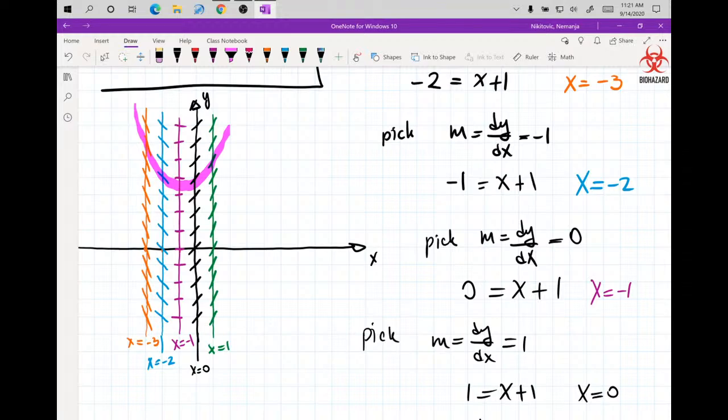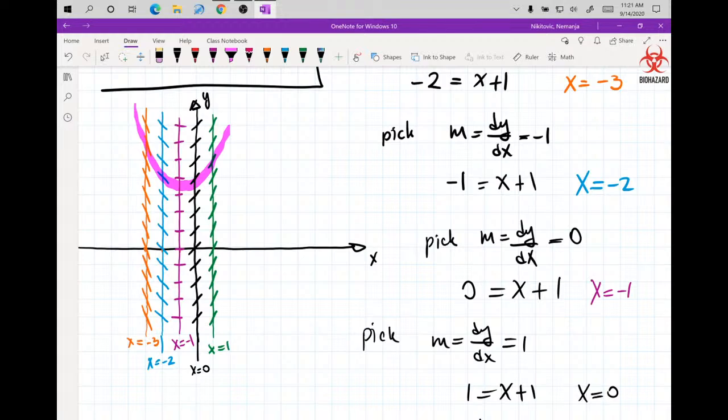So there you have it. It is a method that works all the time because you're always able to pick numbers and then compute the equation. And once you compute the equation, you draw that as the isocline, and then you put the little slopes on that isocline.